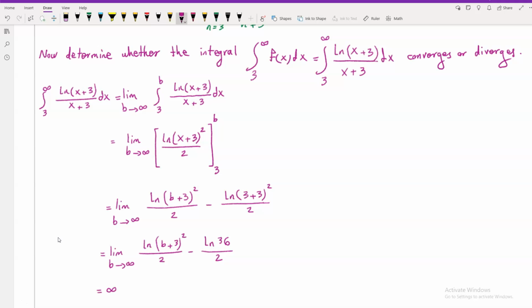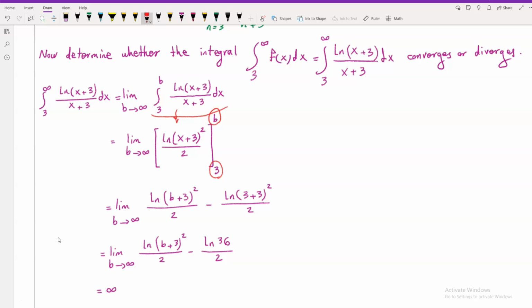Now integrate. Here we have the limit as b approaches infinity of natural log of (x plus 3) squared divided by 2, from 3 to b. Now use b instead of x, and then subtract, using 3 instead of x.